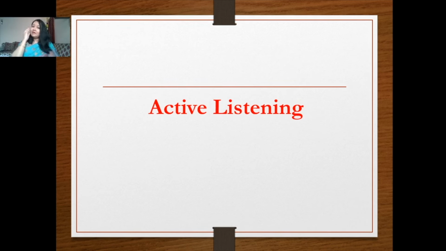That means you make eye contact. Your body posture shows that you are attentive and you are listening, right? And you restate the feelings of the person. You make those gestures where you show that you are actually listening to the person. That conveys your interest in the other person, and your concern for the other person.